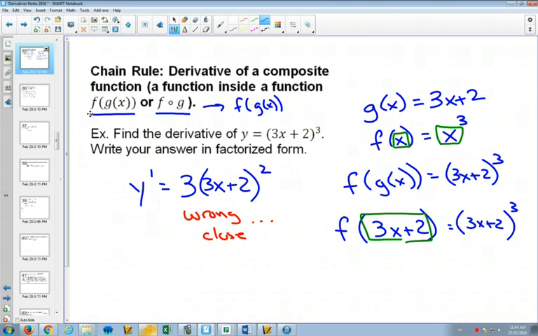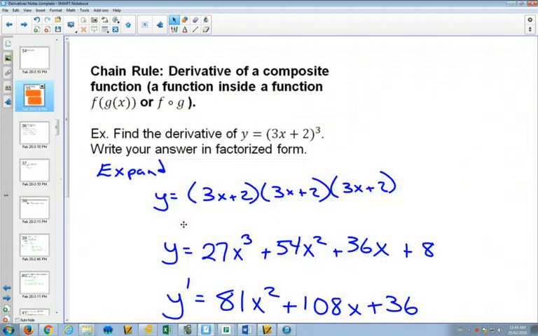In order to see what we need to do, we're going to look at this question by first multiplying it all out and then figuring out the derivative, seeing how close it is to this, and see if we can see a pattern for what is actually happening. So if we expanded 3x plus 2 cubed, 3x plus 2 times 3x plus 2 times 3x plus 2, there's two different ways you could expand this.